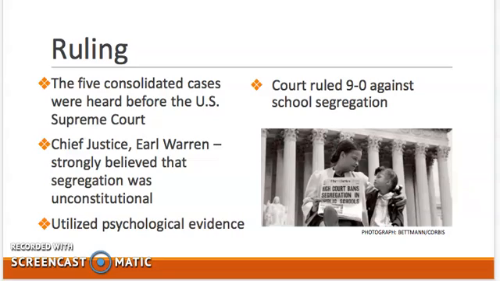Psychological evidence utilizing dolls was incorporated into this case to defend the ruling. And finally, the court ruled unanimously against school segregation. So they believed that it was unconstitutional for schools to be segregated, and while they were separated, they were not equal.